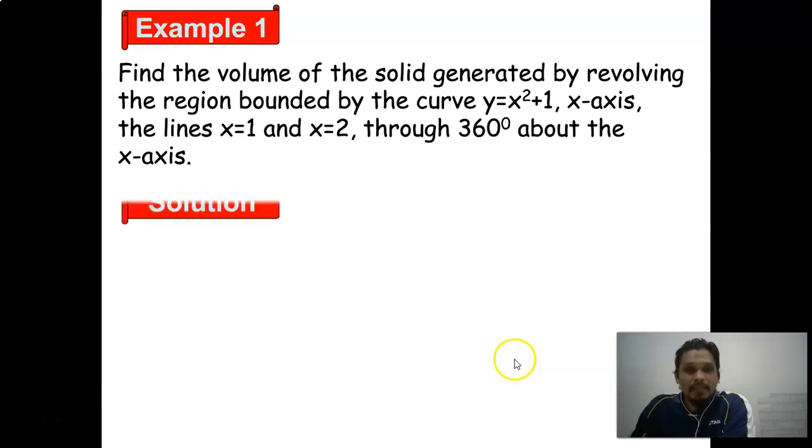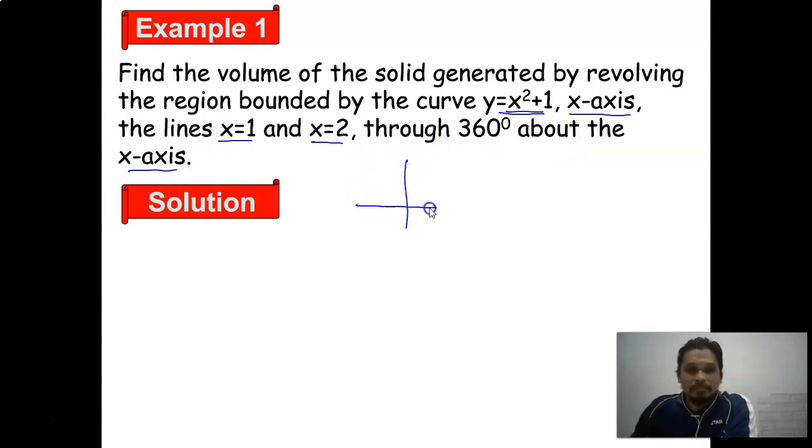Okay, so now example 1. Find the volume of the solid generated by revolving the region bounded by the curve y equal to x squared plus 1, the x-axis, and the lines x equal to 1 and x equal to 2, through 360 degrees about the x-axis.